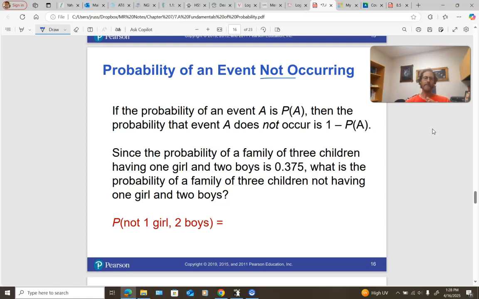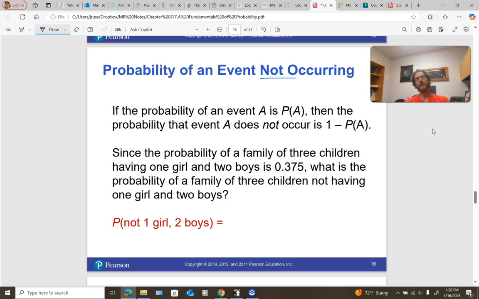Interestingly enough, sometimes to determine the probability that an event will happen, it's easier to actually determine the probability that the event will not happen, or vice versa. So let me give you an example.